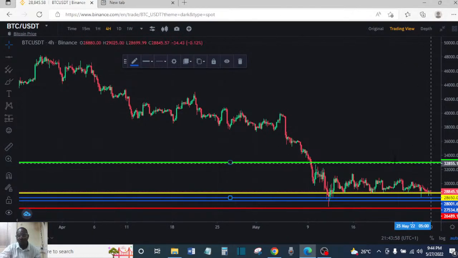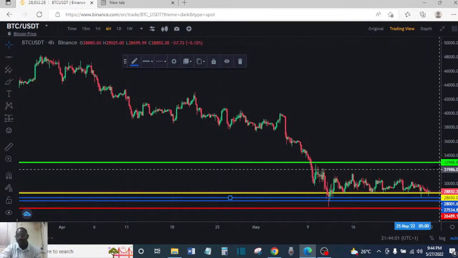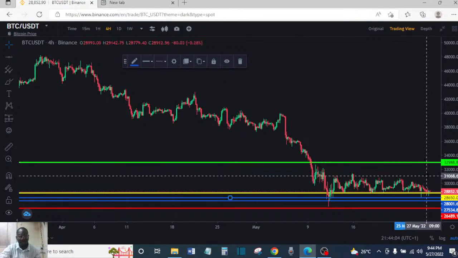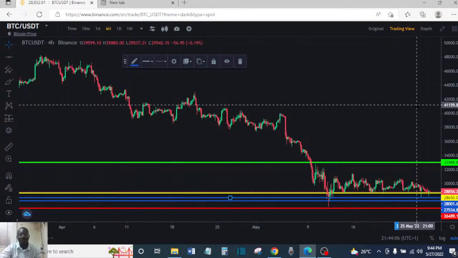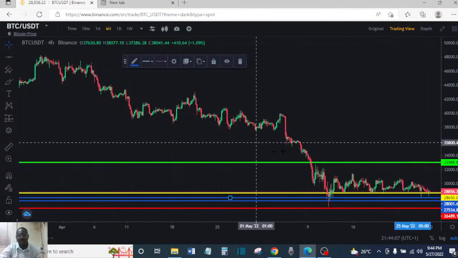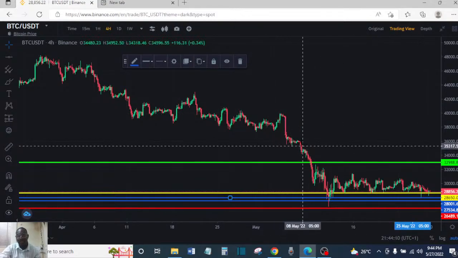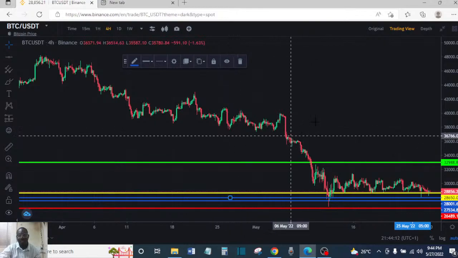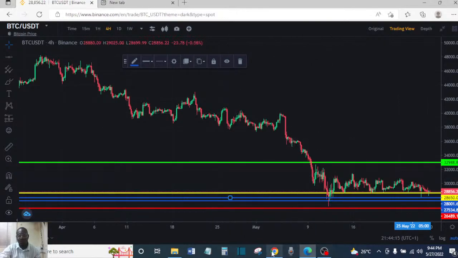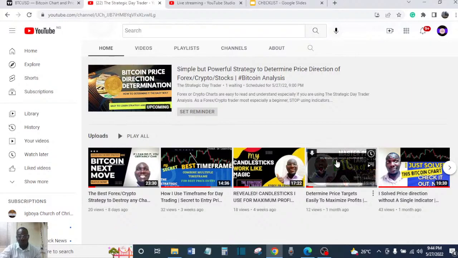When you have the pullbacks, watch out for price action after every pullback, then you will place your entry. That entry will take you to the next target. Go and watch those videos. You'll be able to understand where your price is going next, where your take profit will be.